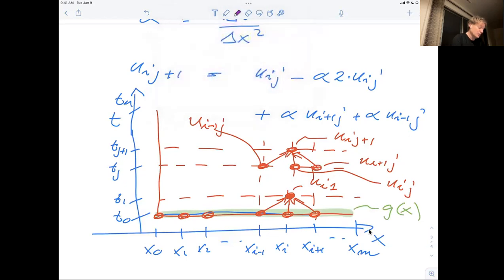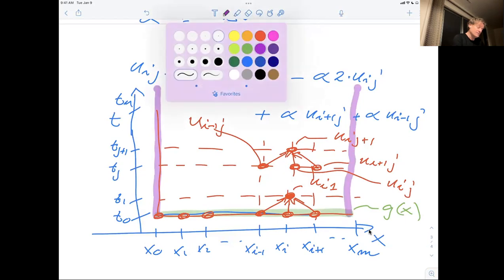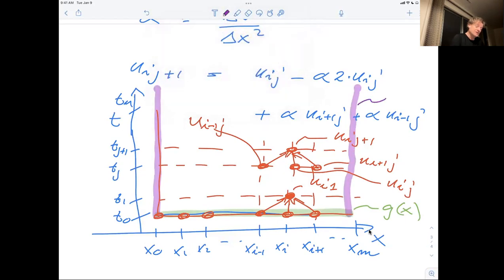So if we mark them with the value of the function here and the value of the function at the final point, then what we know is that the function value here is just given by u of 0 of t.